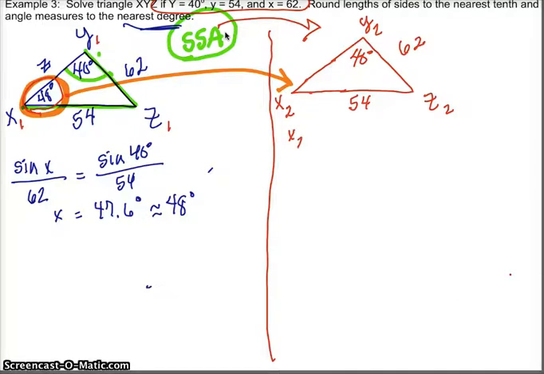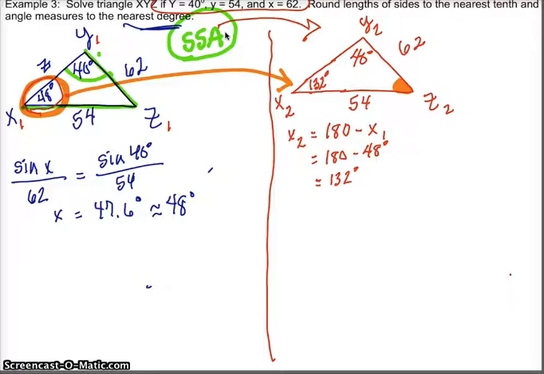So x sub 2 should be equivalent to 180 degrees minus angle x sub 1, or 180 degrees minus 48 degrees, which is 92 degrees. No, I'm sorry, it is not 92 degrees. That is 132 degrees. My apologies. So I'm going to place 132 in the second triangle. Let's check to see if we have enough room to create a third angle.